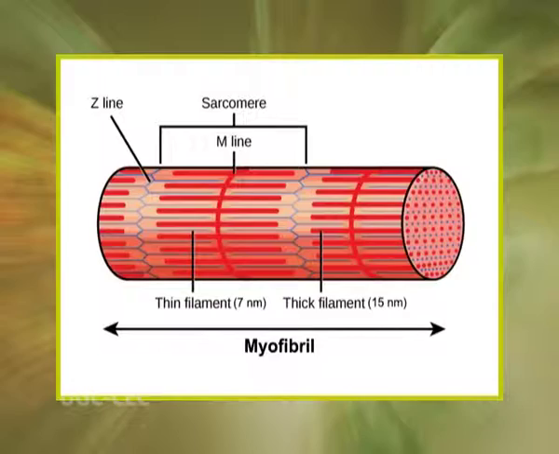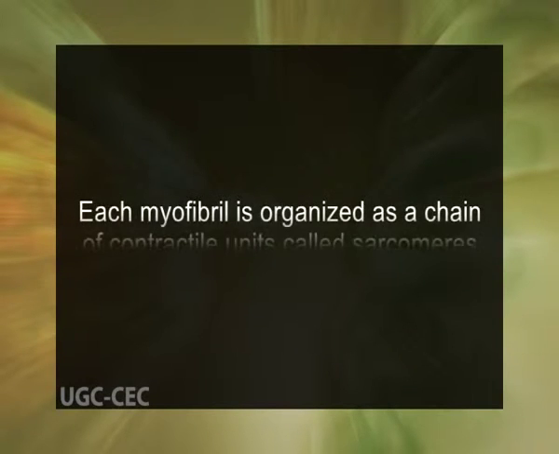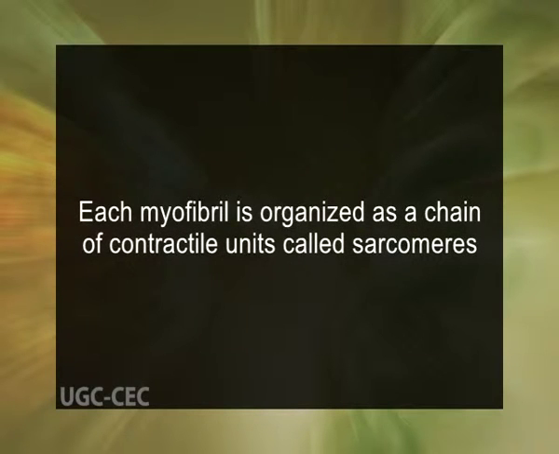Most of the cytoplasm consists of myofibrils, which are cylindrical bundles of two types of filaments: thick filaments of myosin about 15 nanometers in diameter and thin filaments of actin about 7 nanometers in diameter. Each myofibril is organized as a chain of contractile units called sarcomeres, which are responsible for the striated appearance of the skeletal and cardiac muscle.